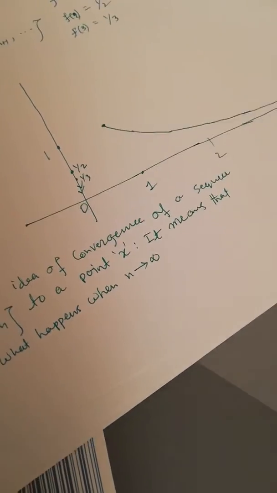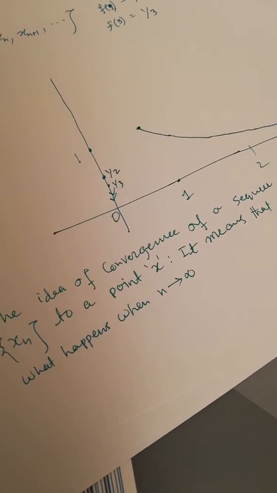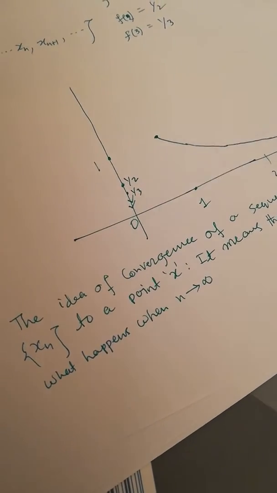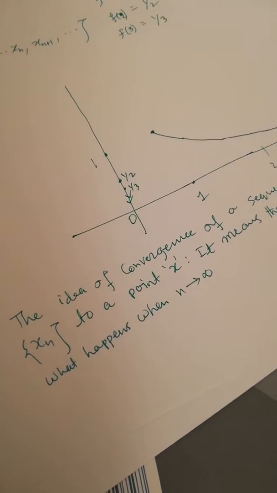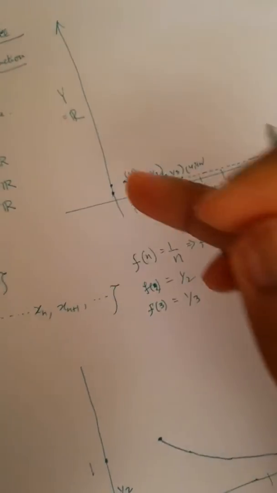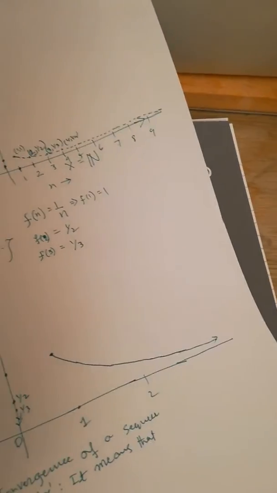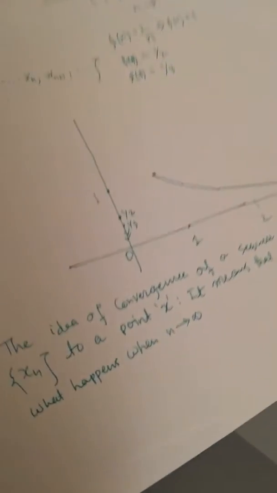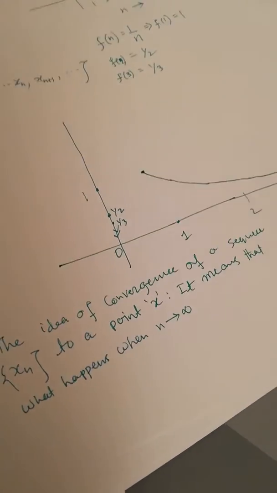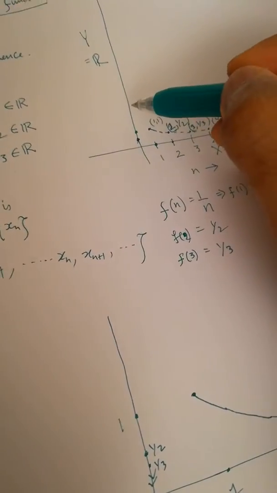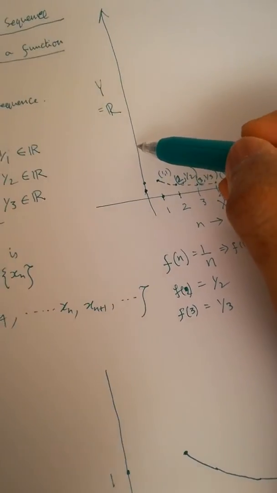If you keep going on over the n axis, increase your n value 1, 2, 3, 4, dot dot dot, up to infinity, so that means n goes to infinity, then what is the value on the upper axis?